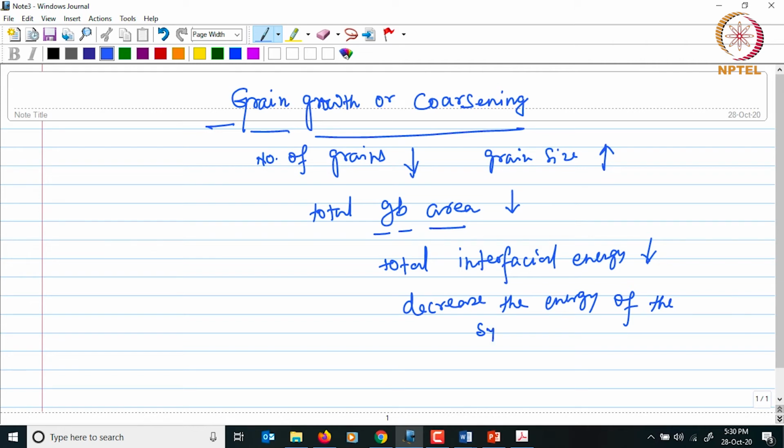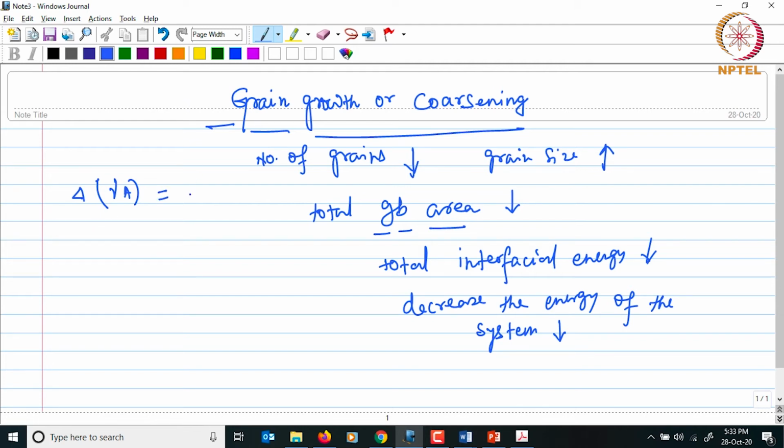And that's the driving force for the grain growth. Right, so that's what we had seen in the beginning also, if you remember. The change in the total surface energy of the system during sintering has two components.